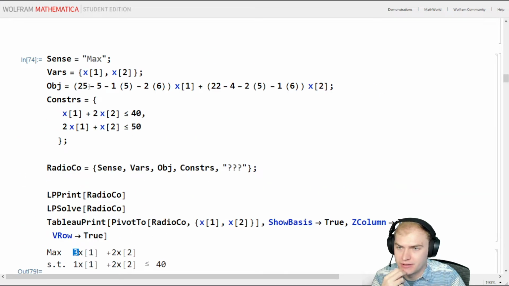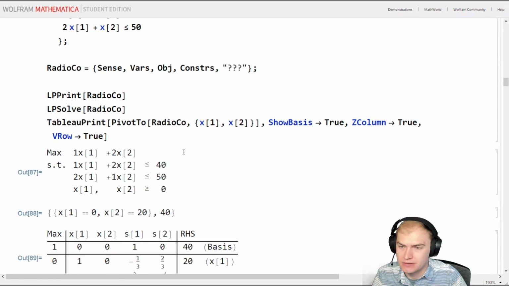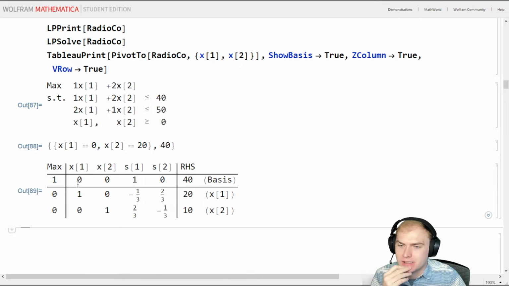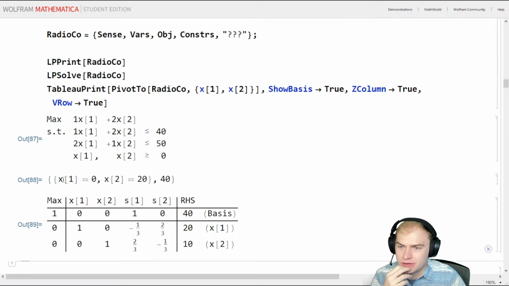Let's change the price. Let's bring it down to 23. See what happens. We're still on the same basis. No, we're not. We're no longer producing any of radio 1.